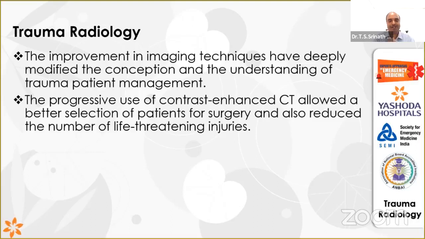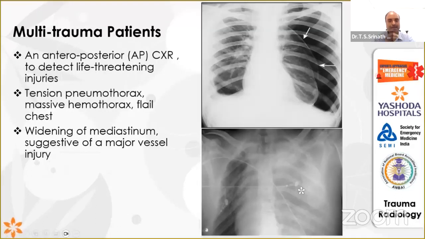Then you have to suspect that there will be more bleeding. Then you have to activate the massive transfusion protocol. Once you activate the massive transfusion protocol, your blood will rush in. And then that is the way you have to keep thinking, what next, what next, what next. When the patient's blood pressure is coming down, always keep in your mind, do your IVC diameter, whether it is collapsing or not.